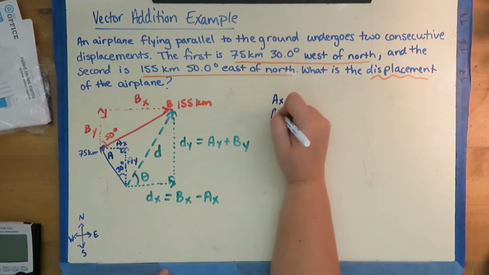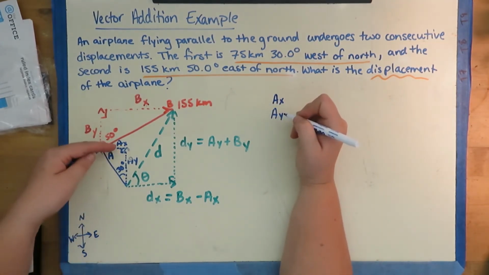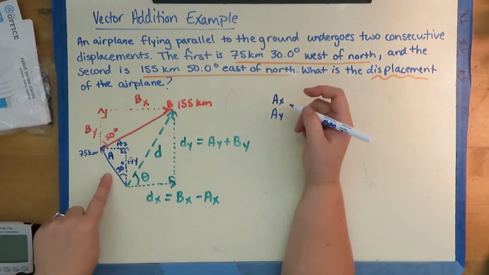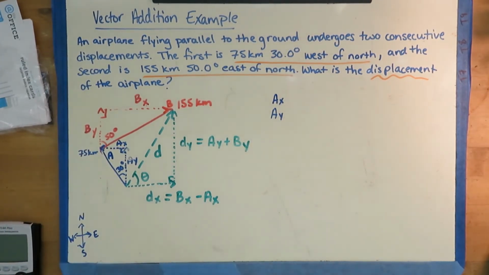So we have AX and AY. Well, AX is the opposite side of that triangle. So that means AX is based on sine.